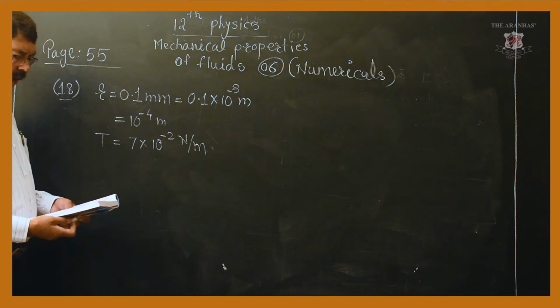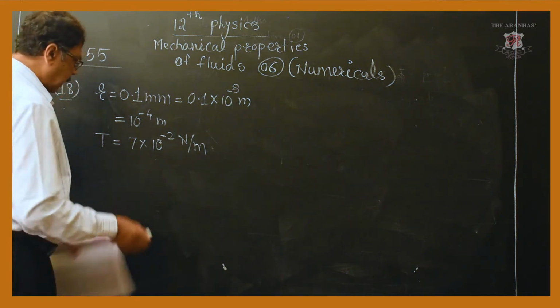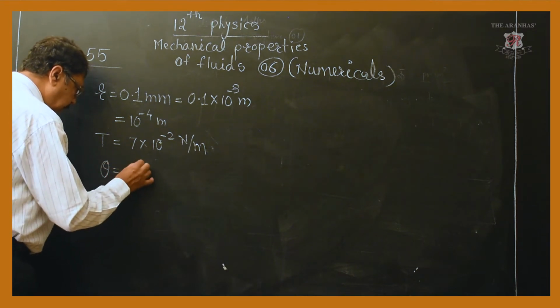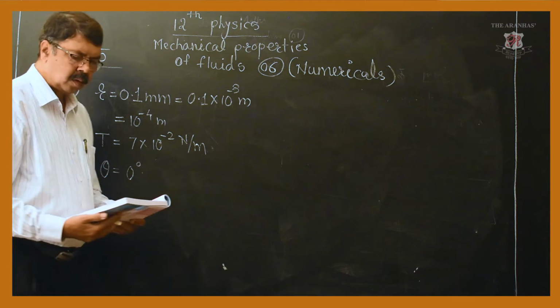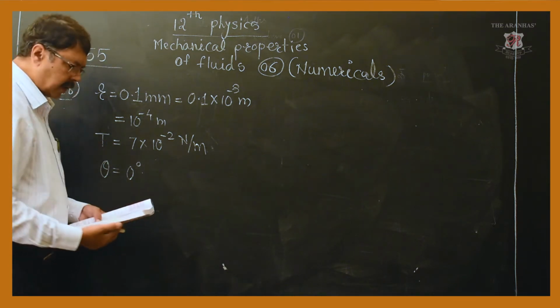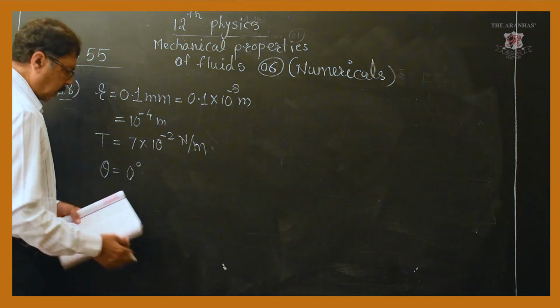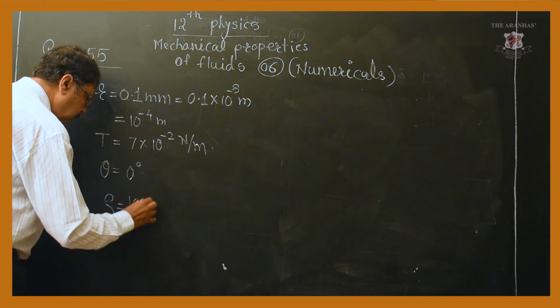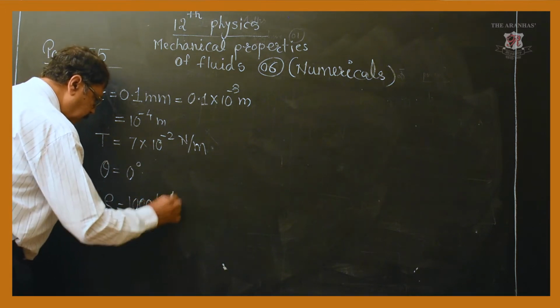The angle of contact between water and glass is 0. Theta is 0 degree. Density of water is 1000 kilogram per meter cube.